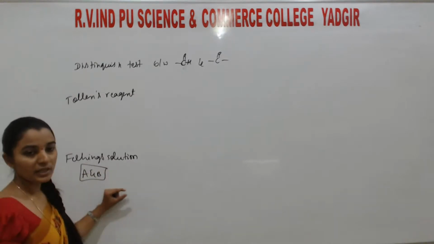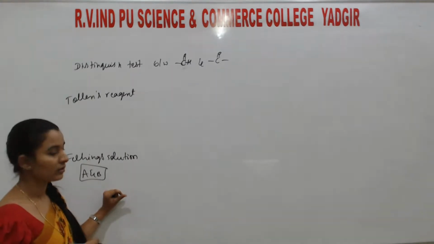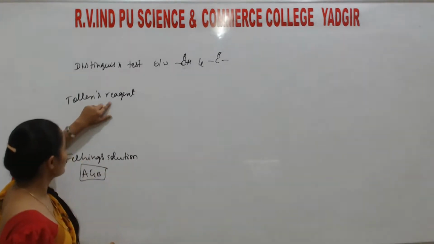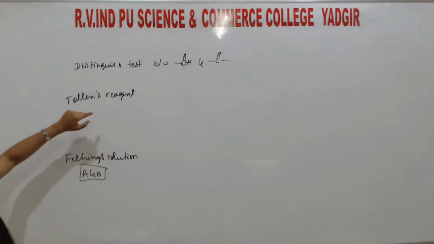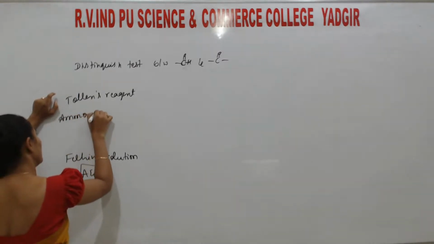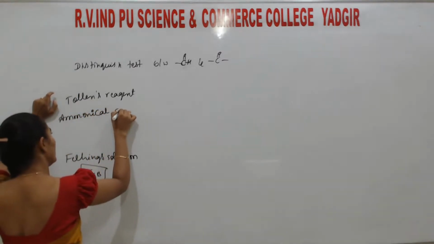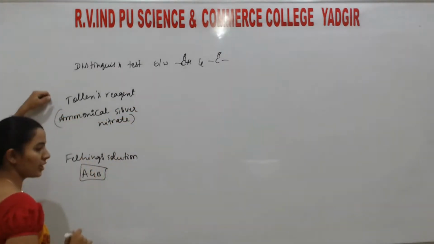That is copper sulfate, aqueous copper sulfate solution and alkaline tartrate solution. Tollens reagent is ammoniacal silver nitrate. Ammoniacal silver nitrate is called Tollens reagent.